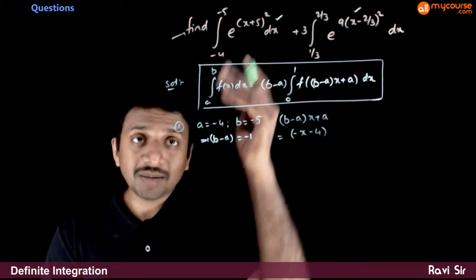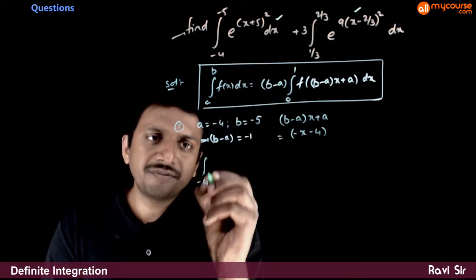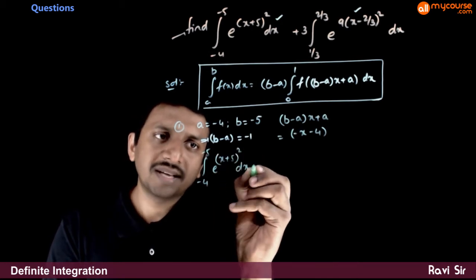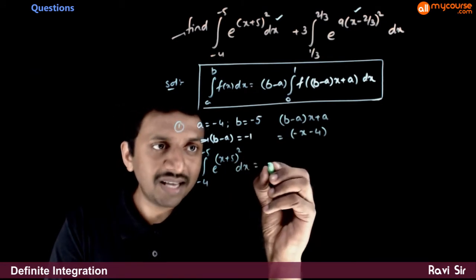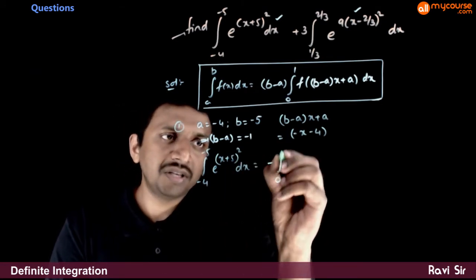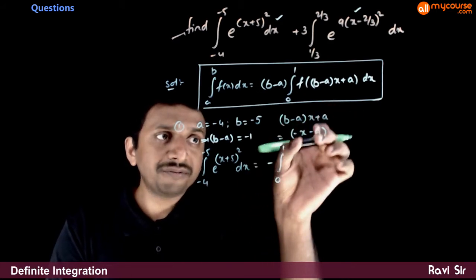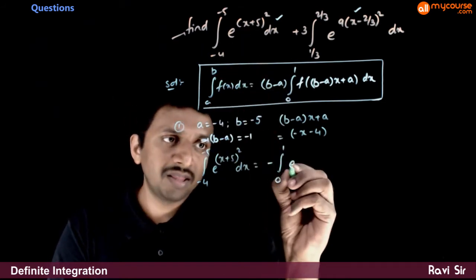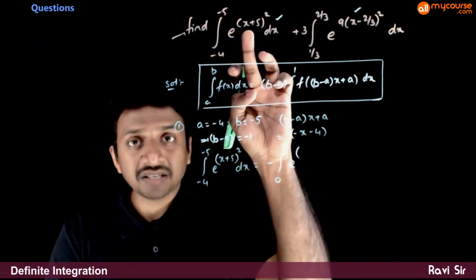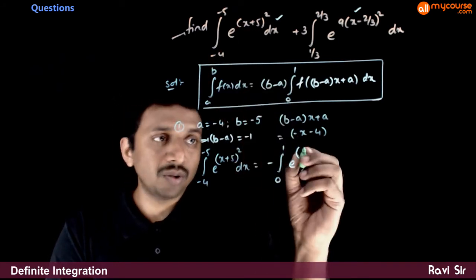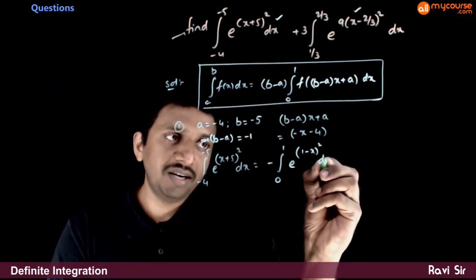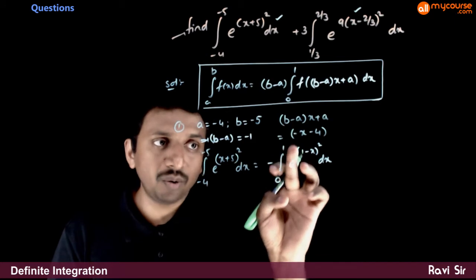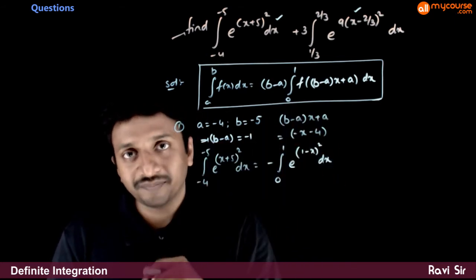So if you do the substitution, integration -4 to -5 e^((x+5)^2) dx is equal to b minus a, that is minus of integration 0 to 1 f of minus x minus 4. You need to put minus x minus 4 in the place of x, so e power, if you put minus x minus 4, you get (1 minus x) whole square dx. So this integral is exactly same as minus of integration 0 to 1 e^((1-x)^2).